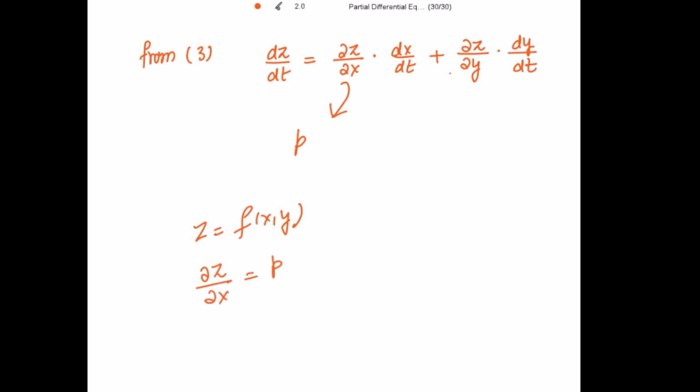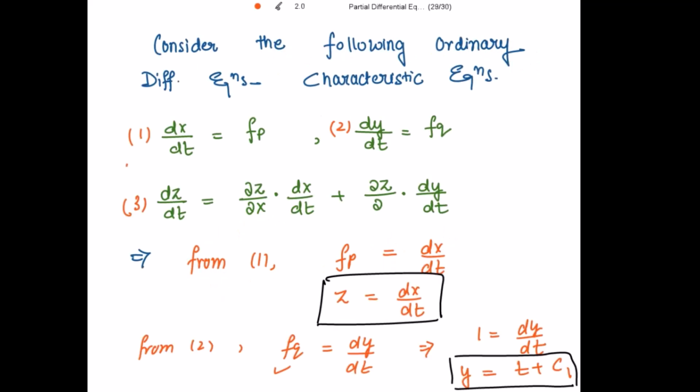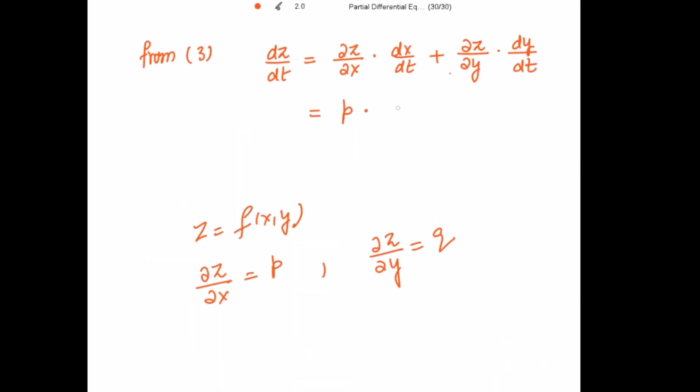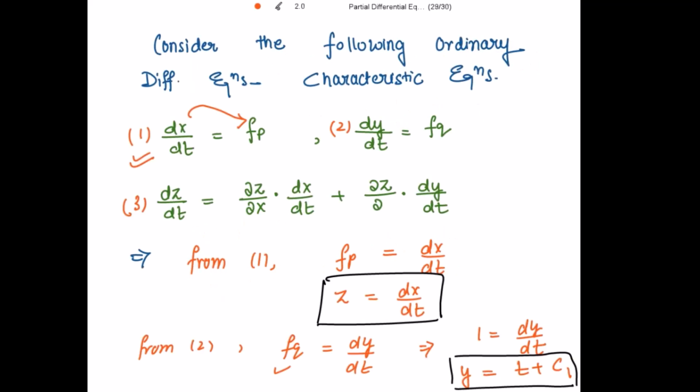This is the notation. And partial derivative of z with respect to y, we take this to be q, right? So writing here p into dx by dt, that is from 1 we write dx by dt to be fp, plus q into, from 2 we write dy by dt to be fq.